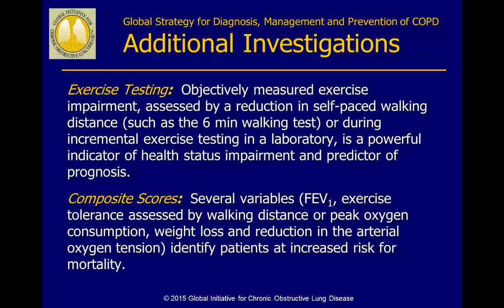In addition, you could do a composite score, which basically entails several variables: the pulmonary function test, the 6 minute walk testing, weight loss reduction, and also the ABG, as I said. Okay.